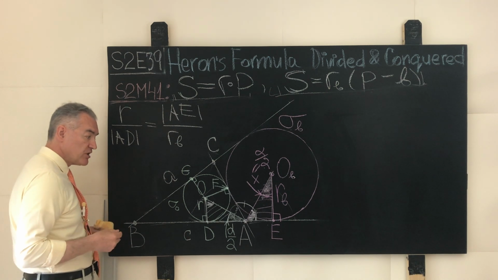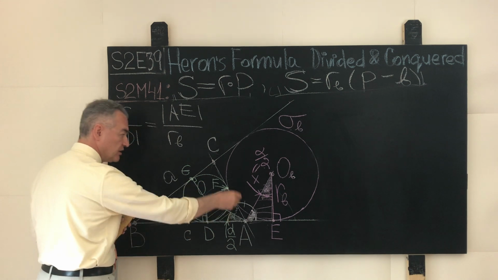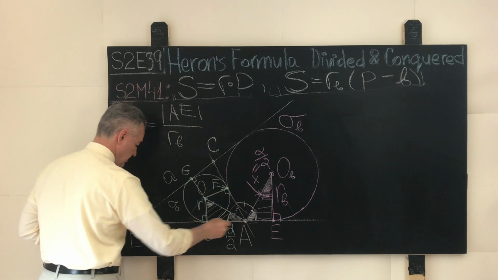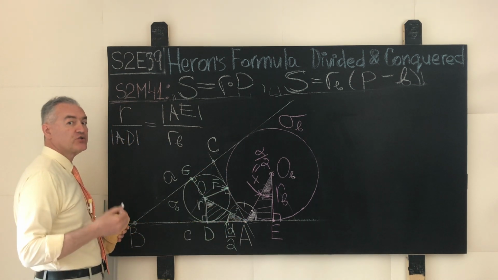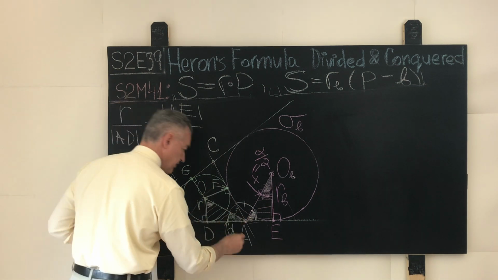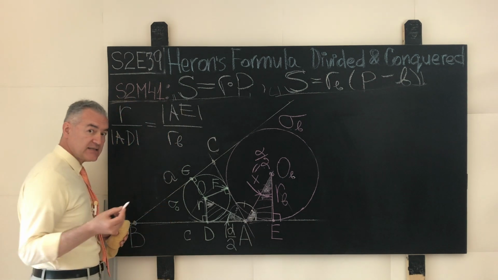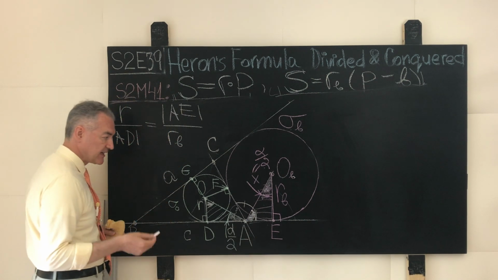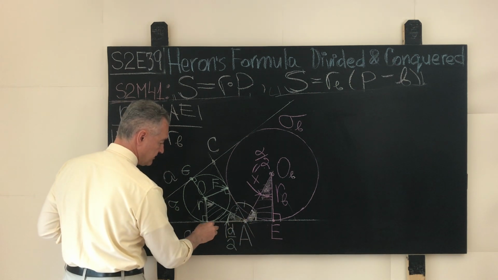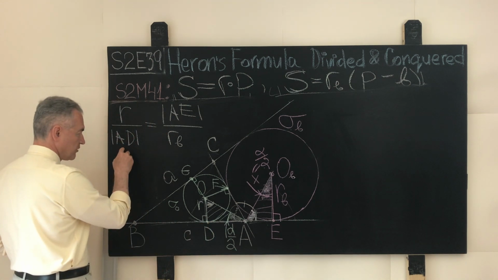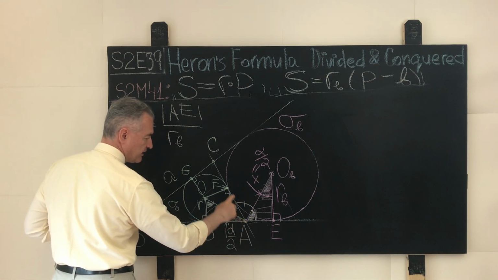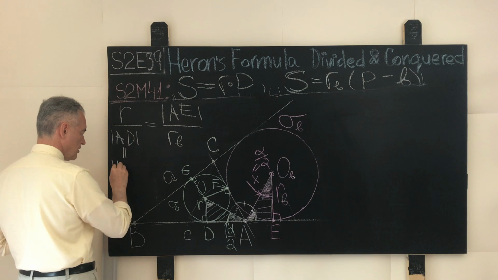Well, it is a point external to the InCircle sigma O, and the sides of the parent triangle AC and AB play the role of external tangents constructed to one and the same fixed circle in the plane through one and the same fixed point A, and the lengths of these tangents are exactly the same. In other words, the length of the line segment AD is equal to precisely what? The line segment AF.